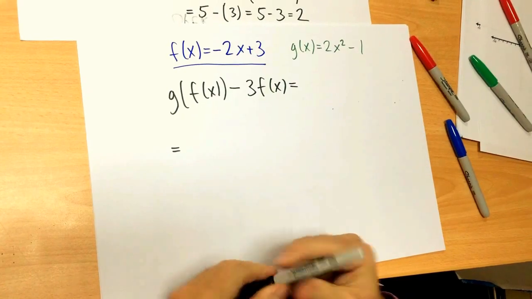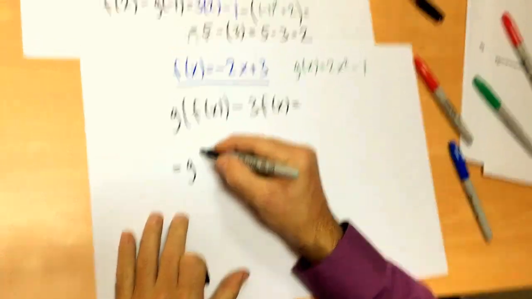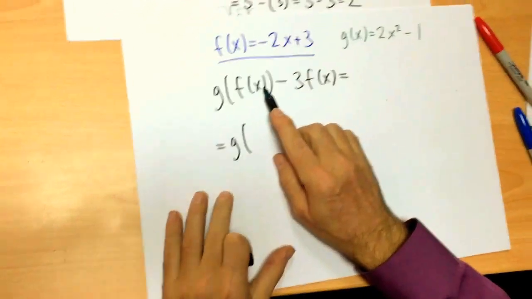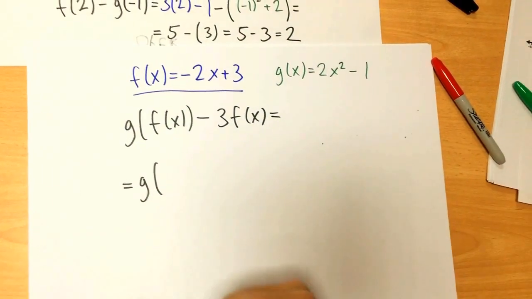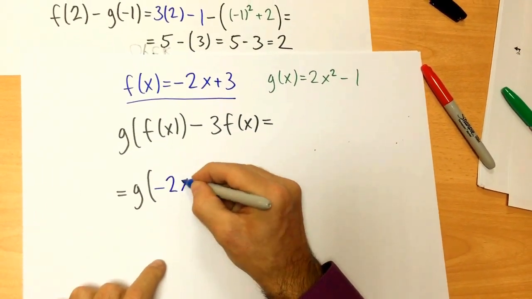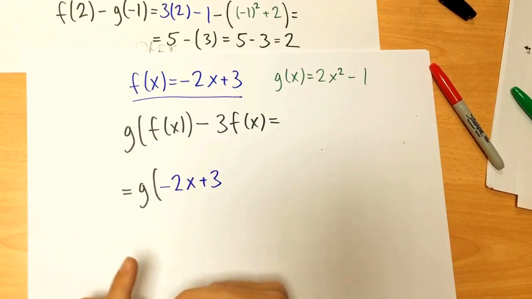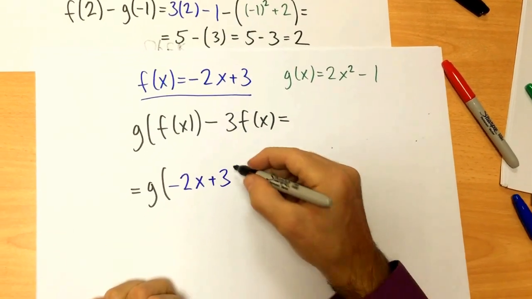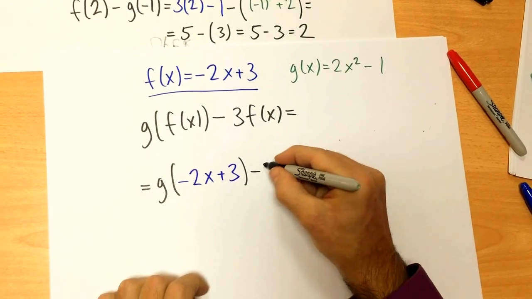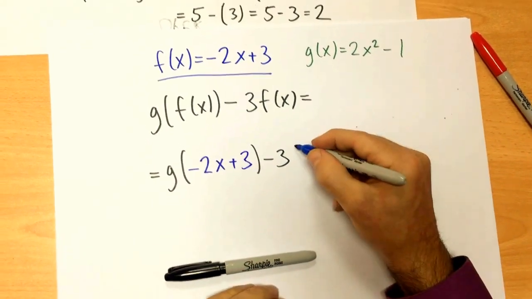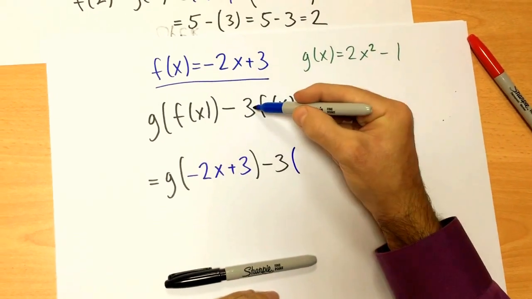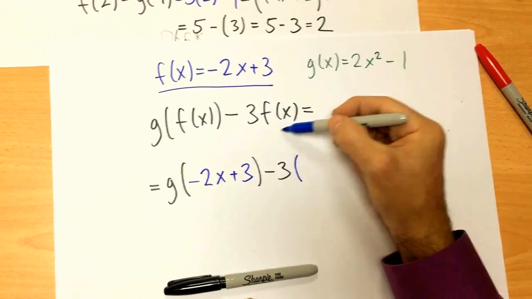Okay, so I have g of, instead of f of x now, I'm going to write negative 2x plus 3, because f was, in essence, negative 2x plus 3. This was my f. Okay, close bracket. And then I have minus 3 times f of x again. Well, for f of x, I need the brackets now because this 3 is multiplying the whole of f.